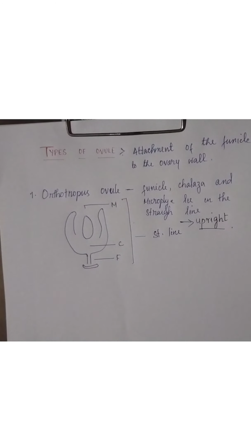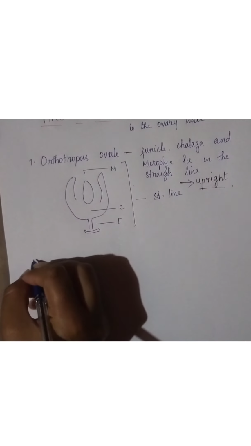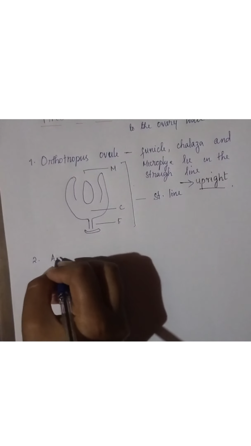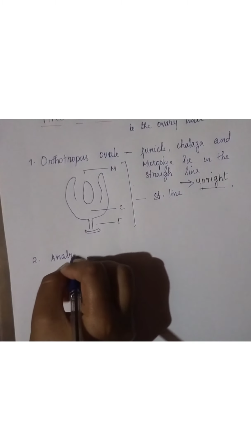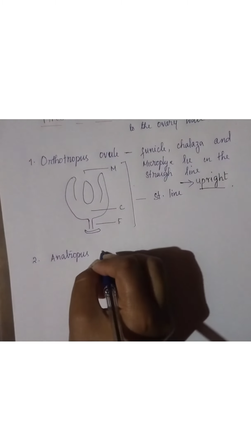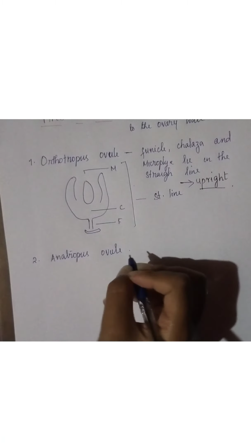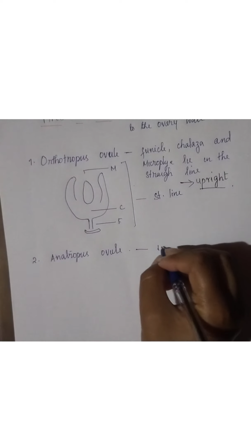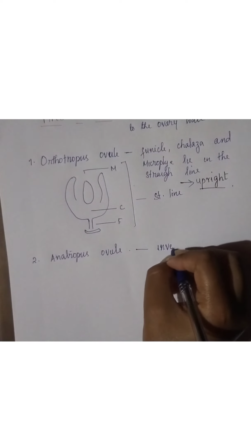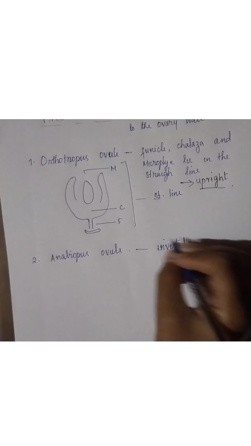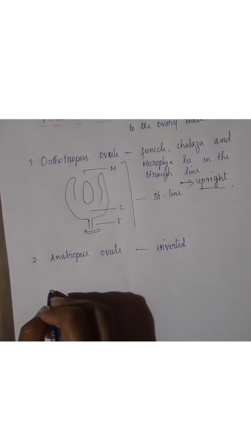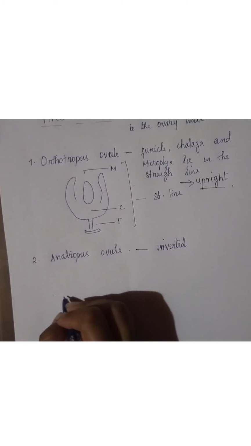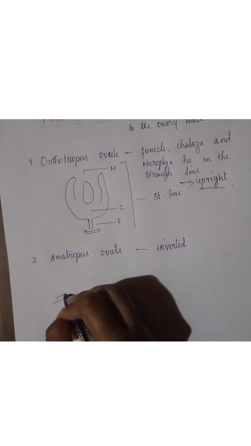The next type of ovule is anatropous. Number 2 is the anatropous ovule. Anatropous ovule is inverted. And the diagram of the ovule is like this.